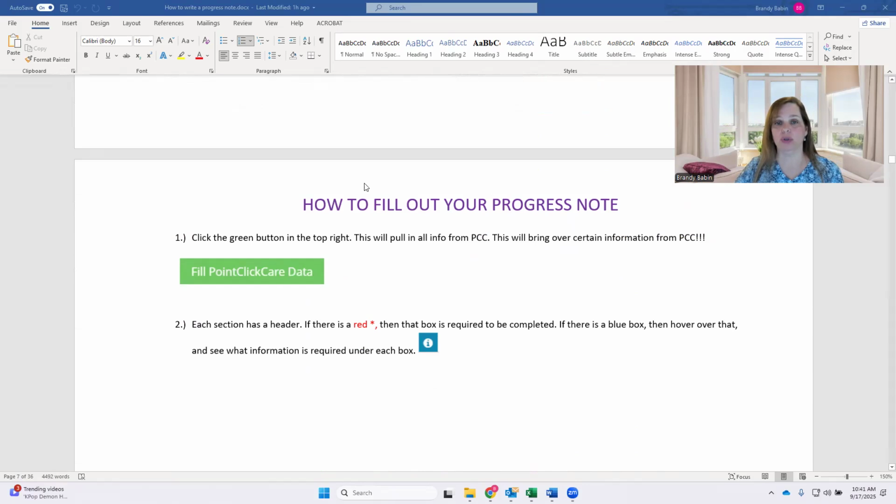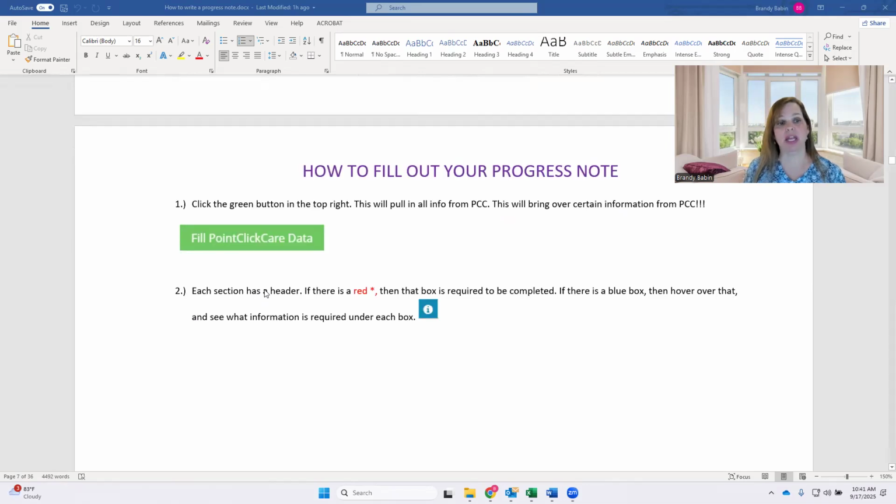So how do you fill out your progress notes? Once you open it, there's this green bar on the top right-hand side that fills in the point-click care data. That is a very important button because it pulls a lot of information from point-click care. You'll also notice with your note that each section has a header.